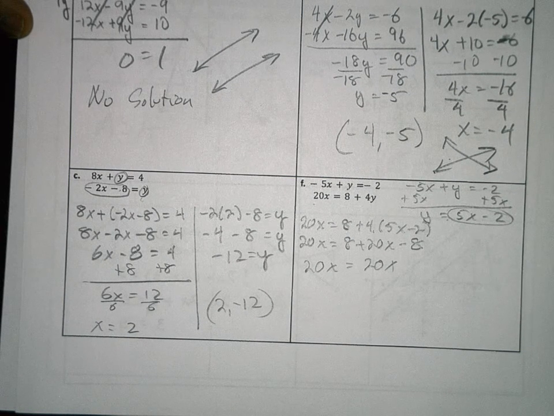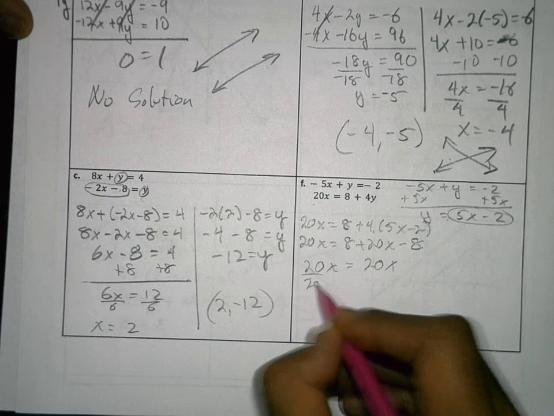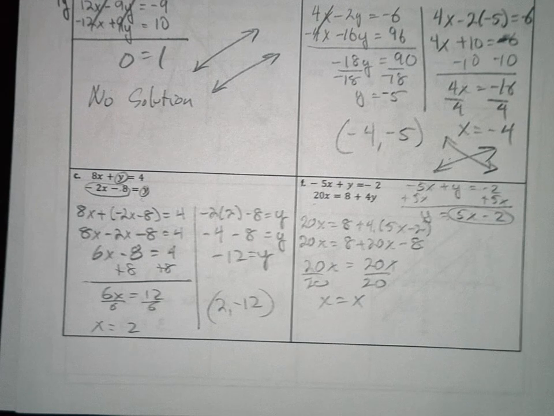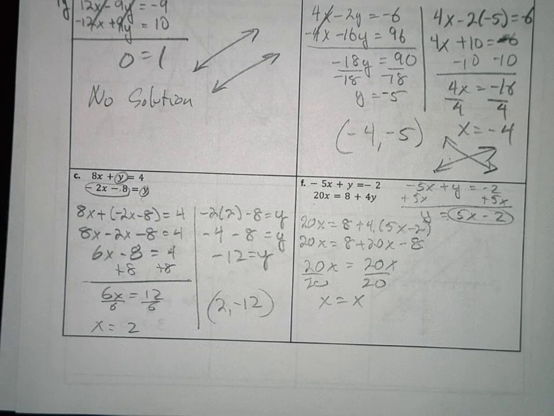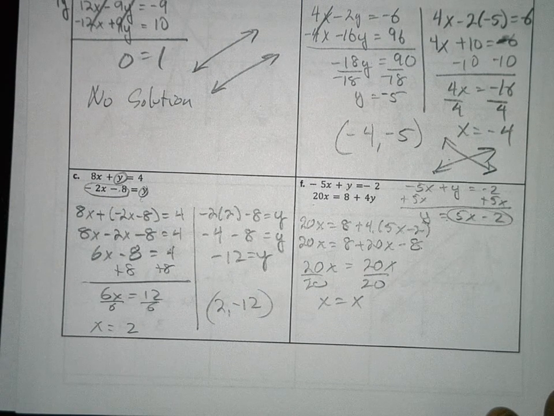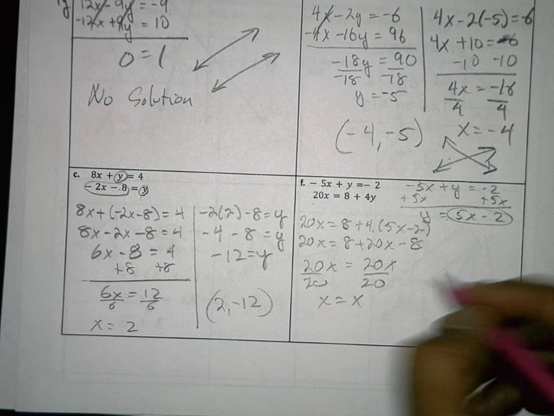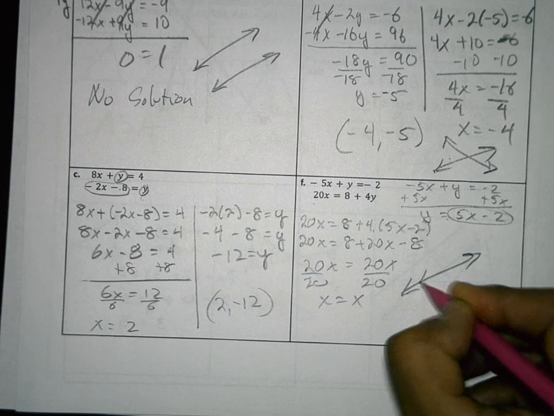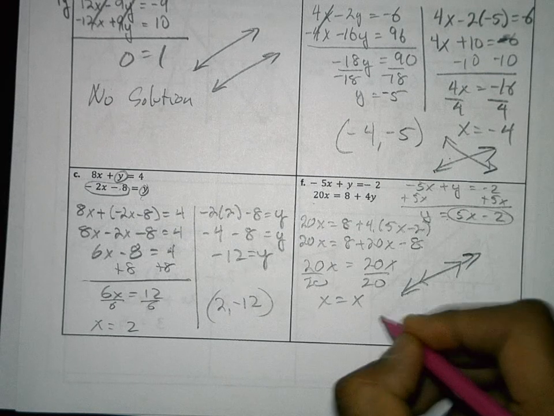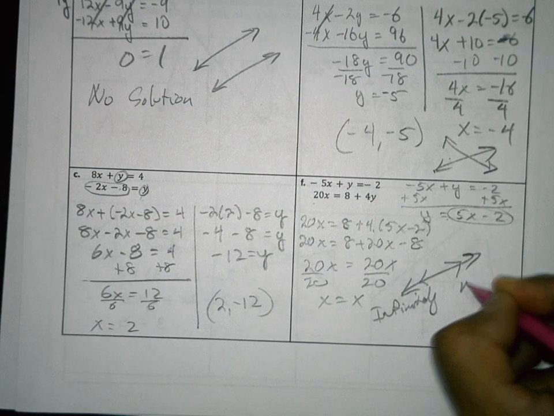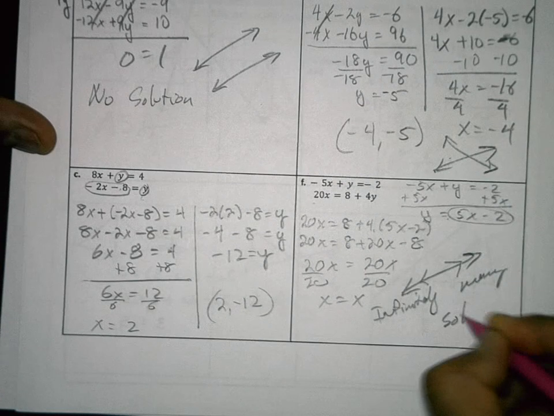So in this case, I got a true statement. If I was not really able to figure out what's going on, I get x equals x. Then I have a true statement here, right? So this is always going to be true. So this goes back to the same line. Okay, and we have infinitely many solutions again.